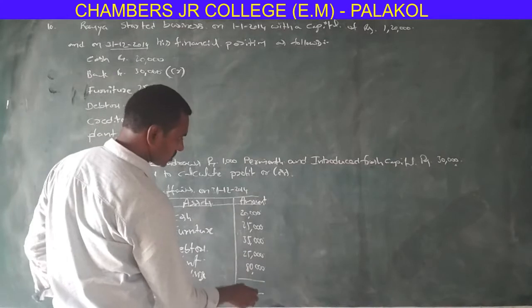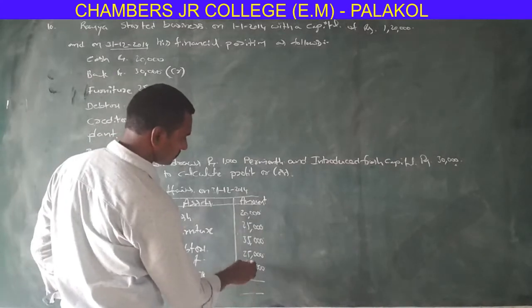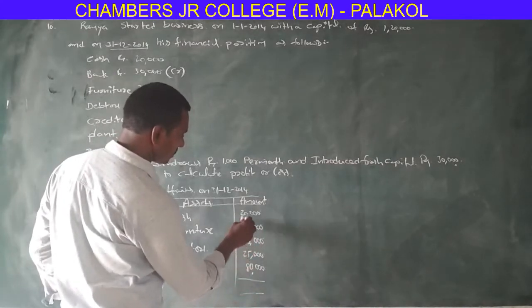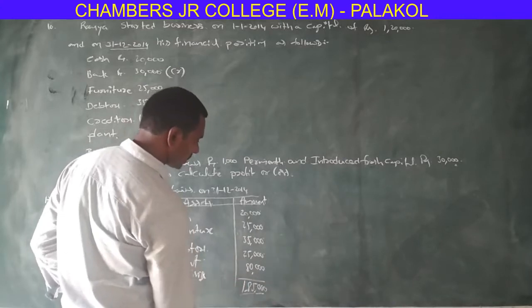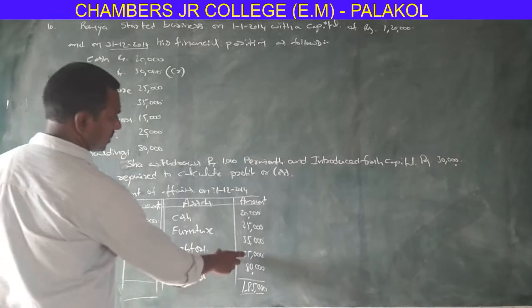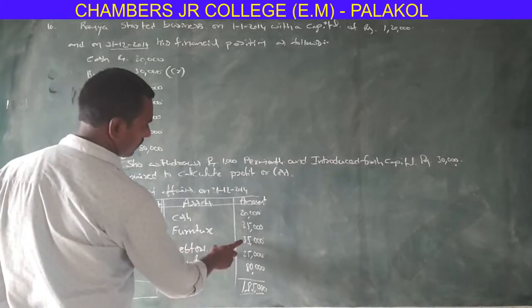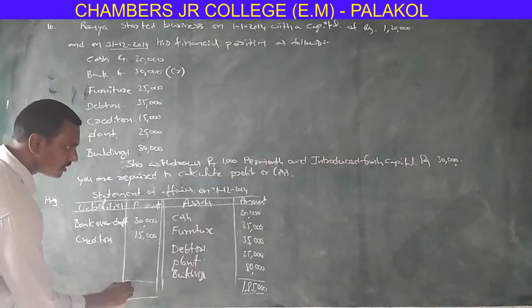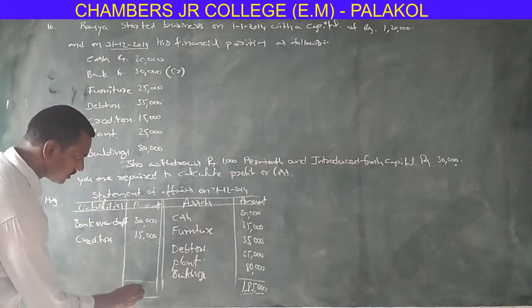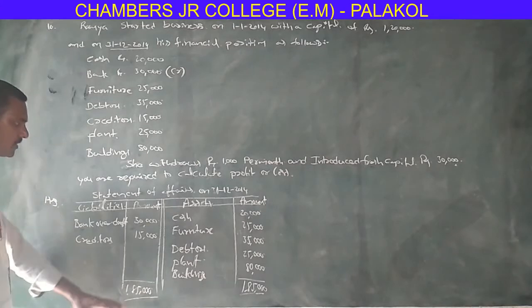Now take the total of the assets, 1,85,000. Here the same amount is taken, 1,85,000.